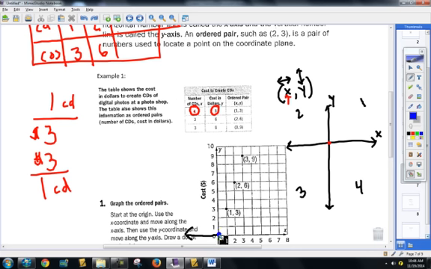We went from 0 to 1 because of positive 1, and then we go up to 3, and that's why that point is there. Then 2 to 6, you can see we're just doubling it. We're multiplying 1 times 2 is 2, so we do 3 times 2 and get 6. So that's why that point is 2, 6.